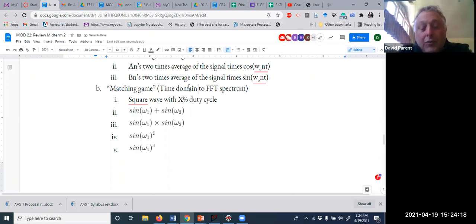You have a square wave with 50% or 25% duty cycle. You could have two sine waves that you're adding together, or two sine waves that you're multiplying together. You could have sine omega 1 squared, or if these omegas were the same, sine omega cubed. And there's various others.